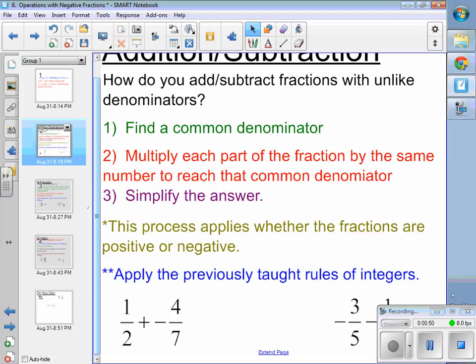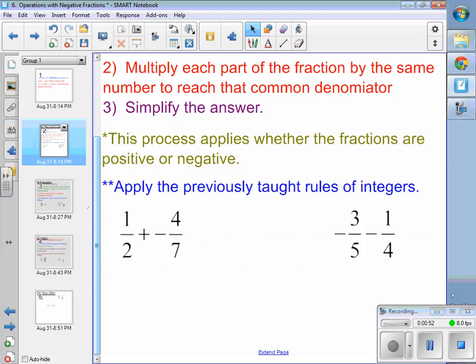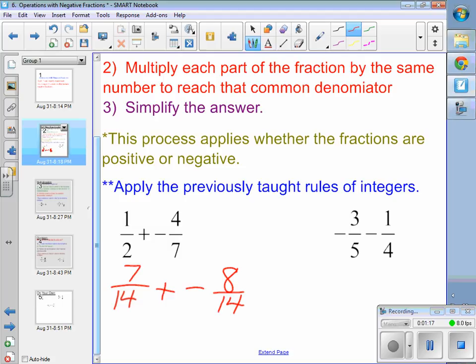So, to do this, for an example here, we have 1/2 plus negative 4/7. Our common denominator would be 14. So we have 1/2 is 7/14, and we'd have 8/14 plus negative 8/14.